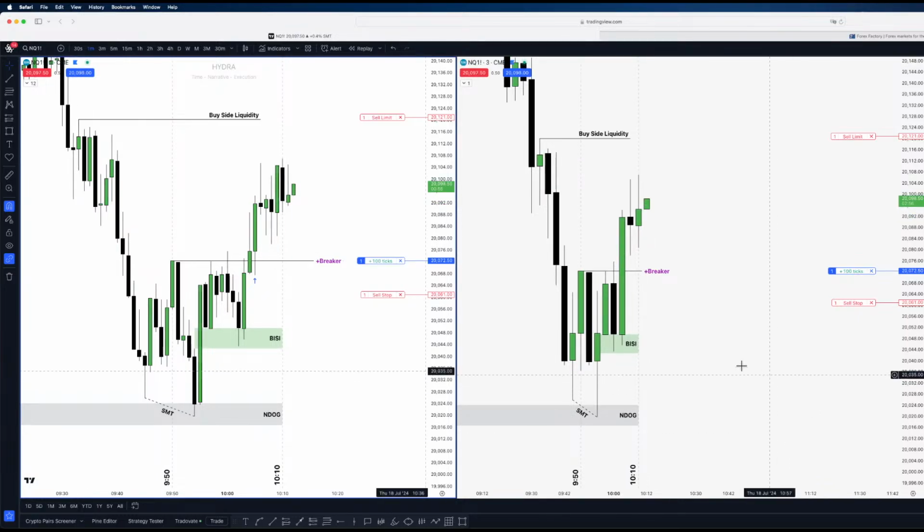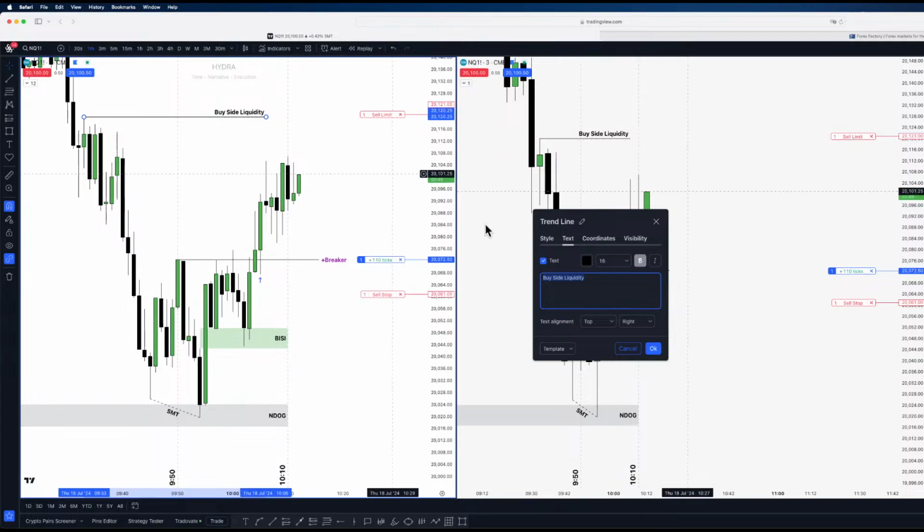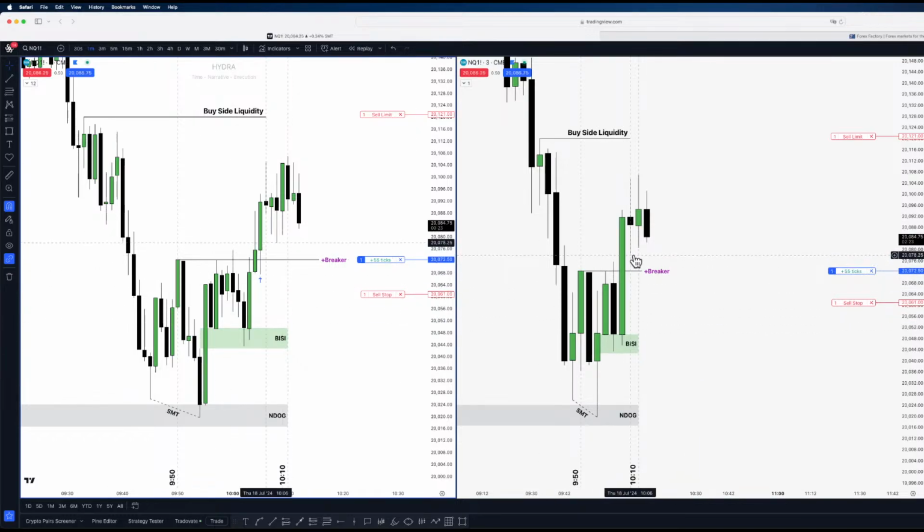New 3-minute candle. I'm gonna close at break even. Don't want to see price violating this gap here.